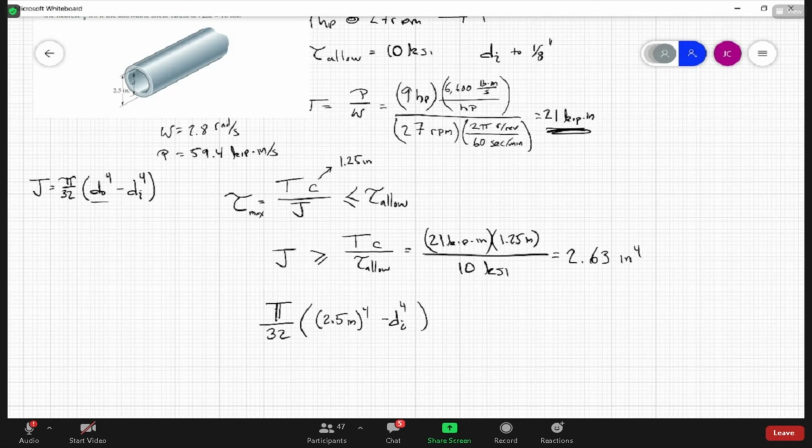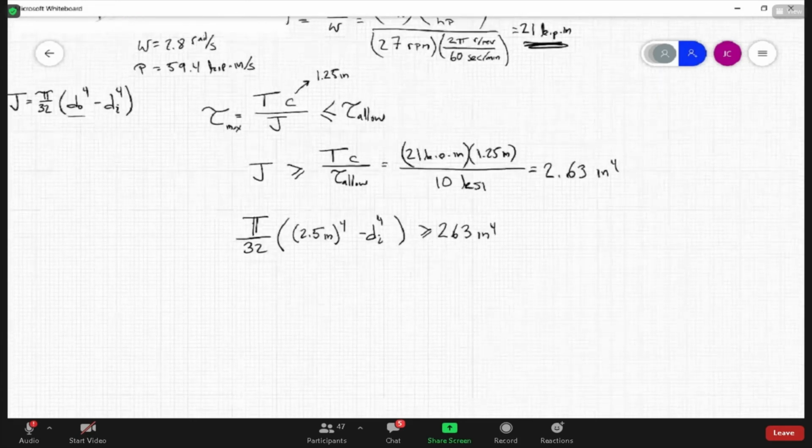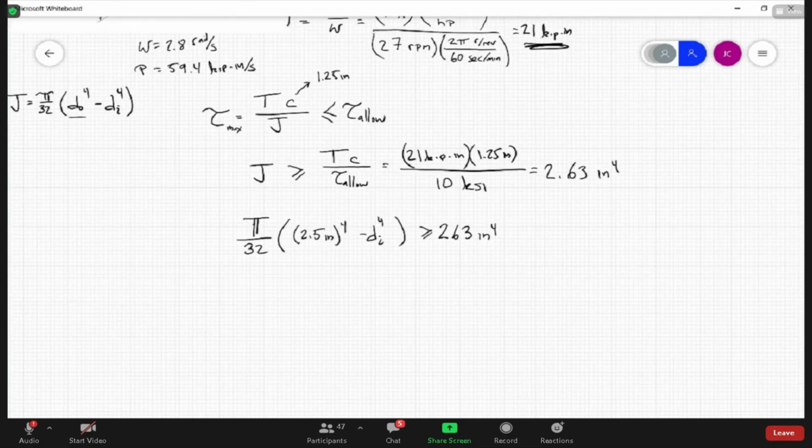This has to be greater than or equal to the 2.6, so we can just solve this for the inner diameter. Now we have to do the rounding, but let's find out the inner diameter from this, in the limit case for now.